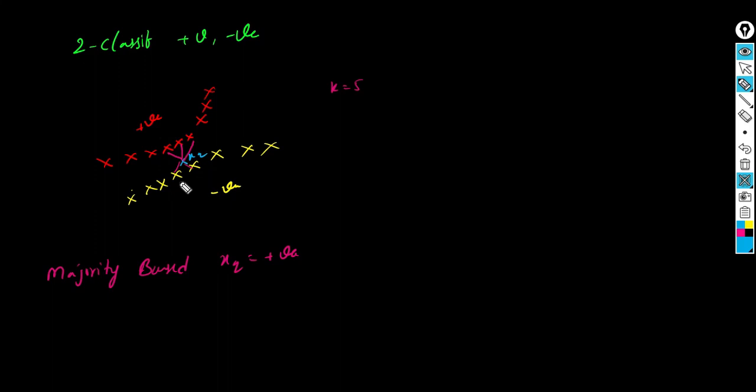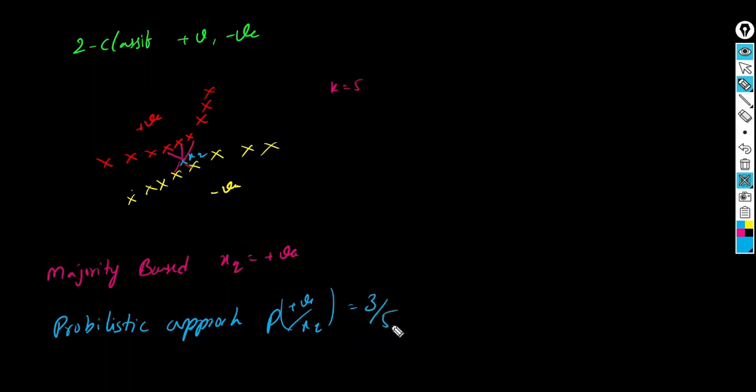To address that confusion, we can use the probabilistic approach. By using the probabilistic approach, we get the probability that the given XQ belongs to the positive class. Here the positive points are 3 and total points are 5, so the probability of XQ belonging to positive is 3 by 5.